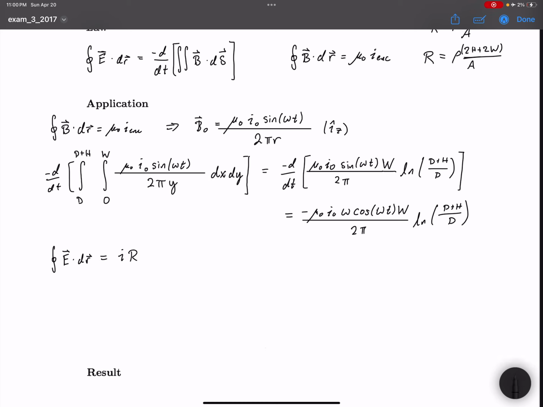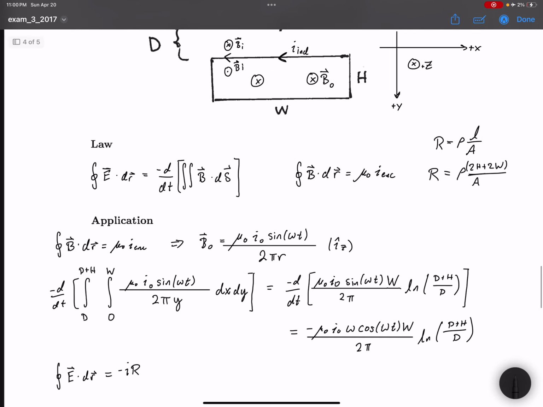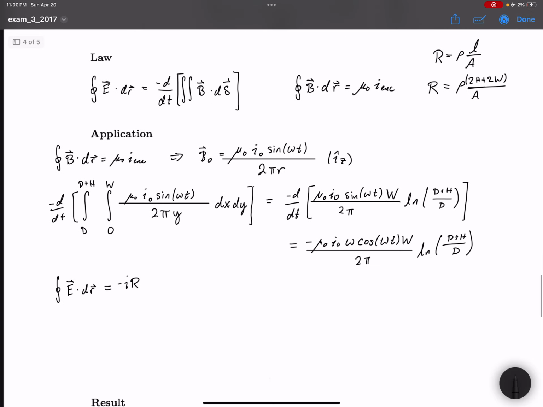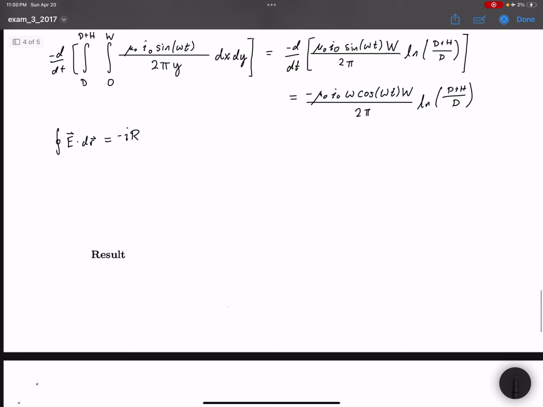IR. Induced voltage is IR. It might be negative IR. Yeah, it's negative IR because we're losing voltage. Okay, so now we just set these two equal to each other and solve for I, which is I induced.